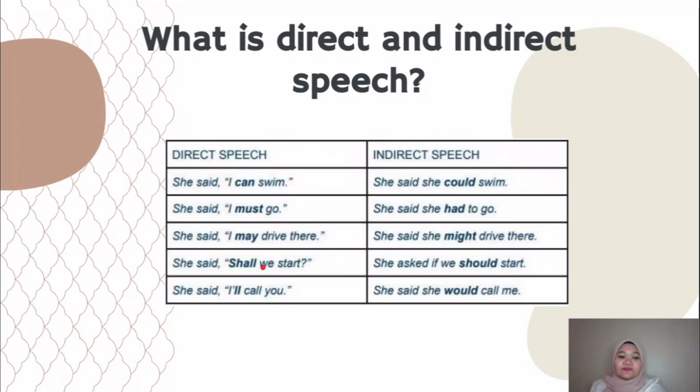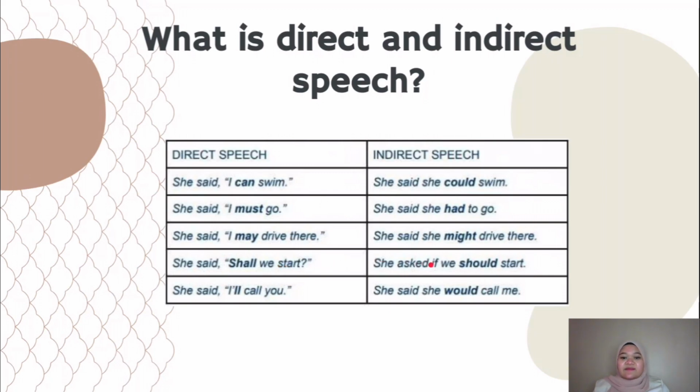Number 4, direct speech. She said, "Shall we start?" And in indirect speech, she asked if we should start. Can you see that? In here, that person said, "Shall we start?"